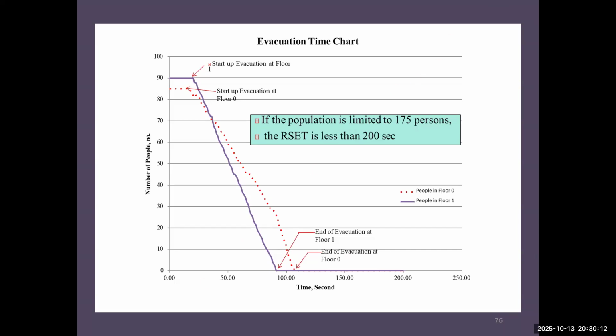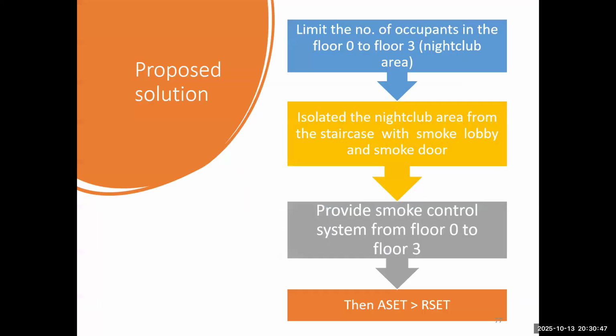But here in our simulation, the fire dynamic simulator tells us that our available safe egress time is about 75 to 80 seconds in the worst case without sprinkler. So here we have a problem: the required safe egress time is greater than the available safe egress time. That means unsafe. This is an unsafe plan for our people evacuation.